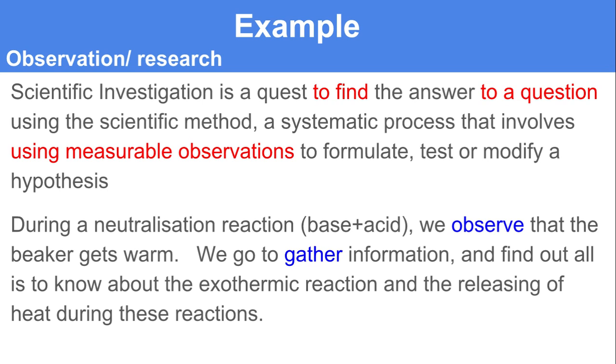Now, let's work through an example. The first step, observation and research. We said that was the first step in the scientific method. Scientific investigation is a quest to find the answer to a question. So we want to find the answer to a question using the scientific method, which is a systematic process that involves using measurable observations to formulate, test, or modify our hypothesis.